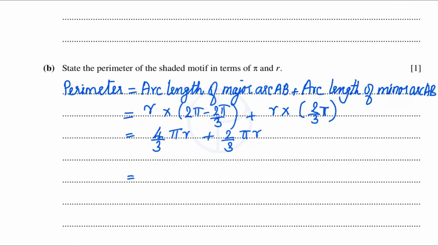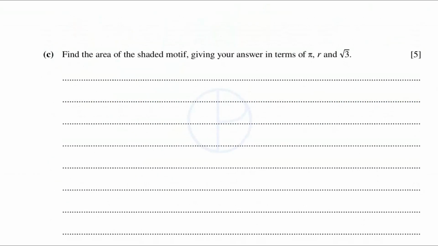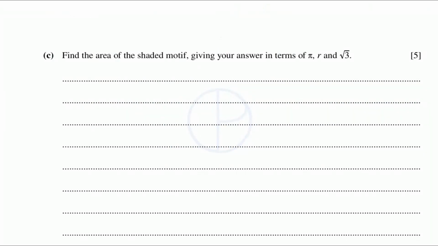That means 2 pi r. So the perimeter is 2 pi r.